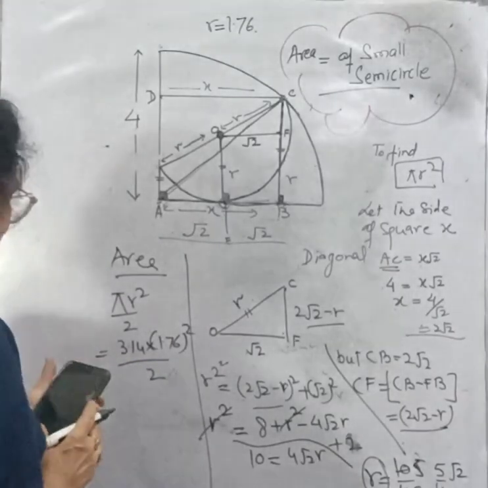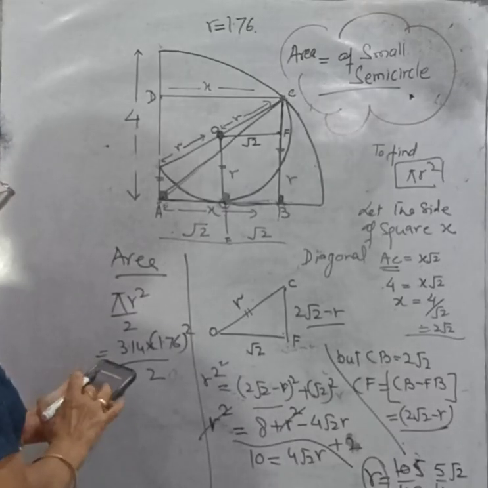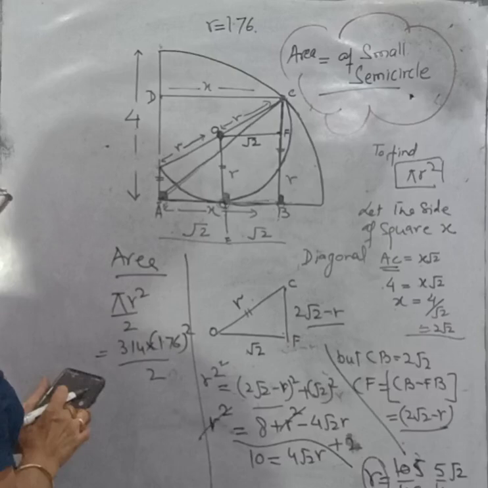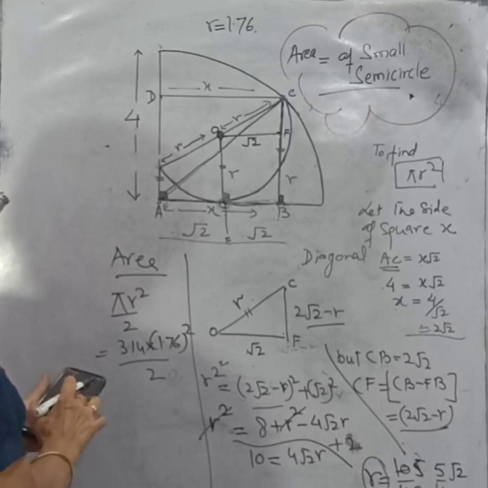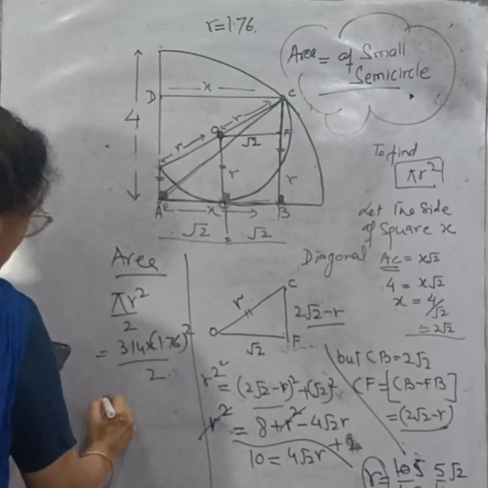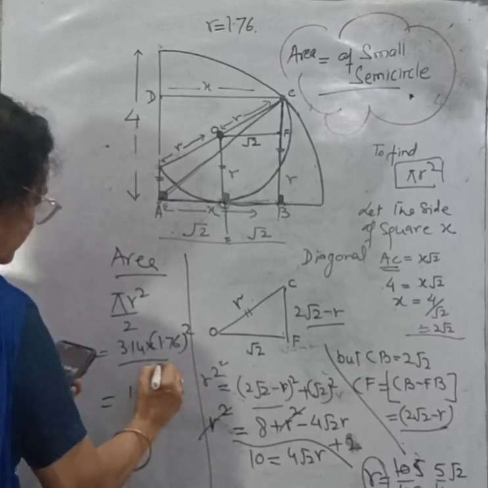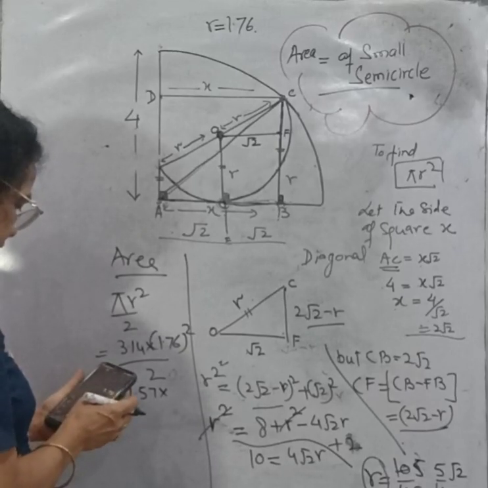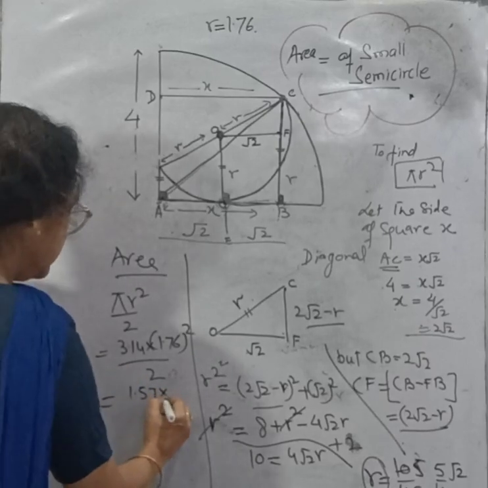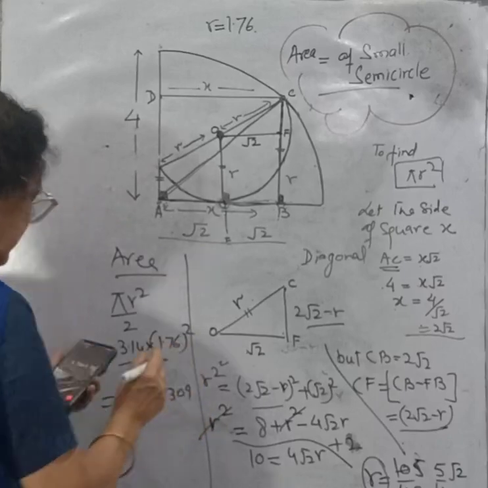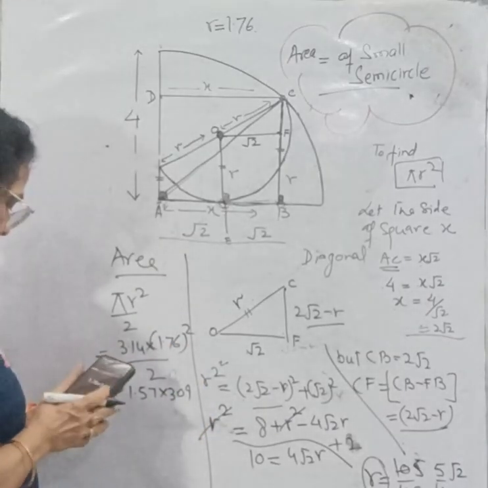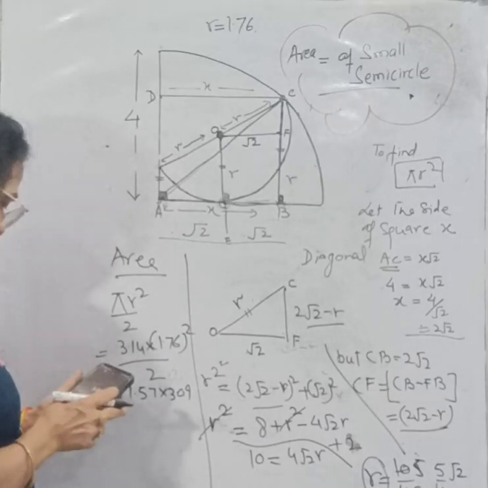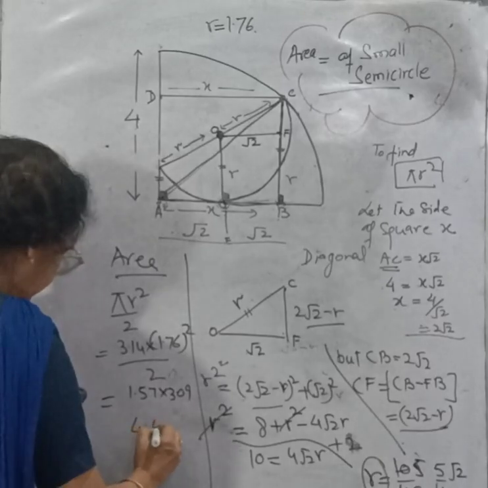The calculator is to be used. 3.14 divided by 2 is equal to 1.57, into 1.76 square, which is 3.09. 3.09 into 1.57, approximately, will be equal to 4.85 square centimeters.